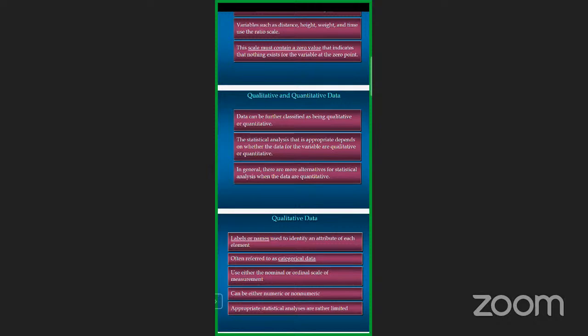Often referred to as categorical data. So use either the nominal or ordinal scale of measurement. Can be either numeric or non-numerical. Appropriate statistical analyses are rather limited. So qualitative data, most of the time, is a quality which can't be expressed in numbers.